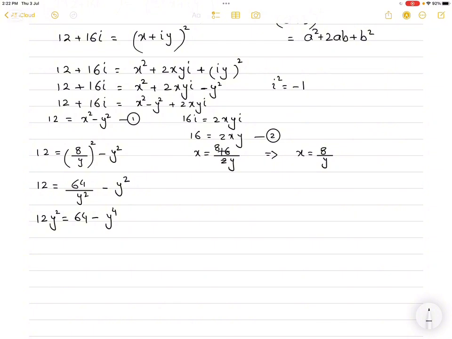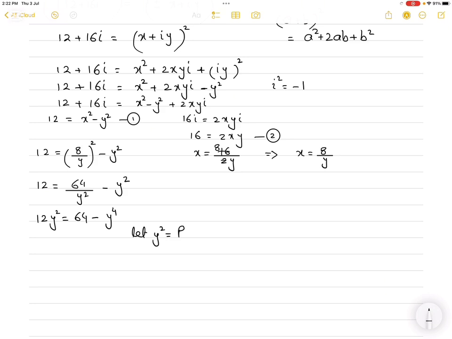So from here I can let y squared equal p.